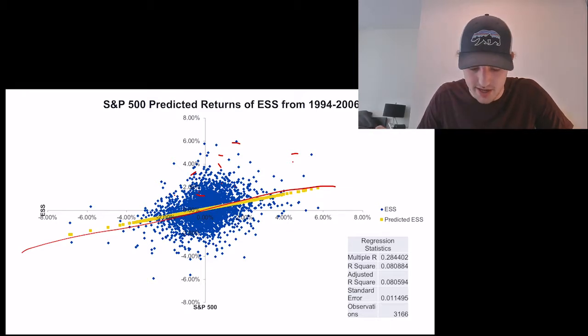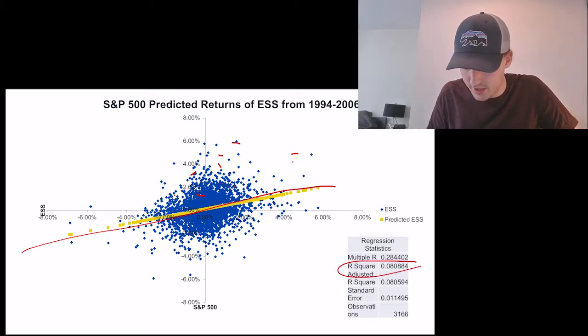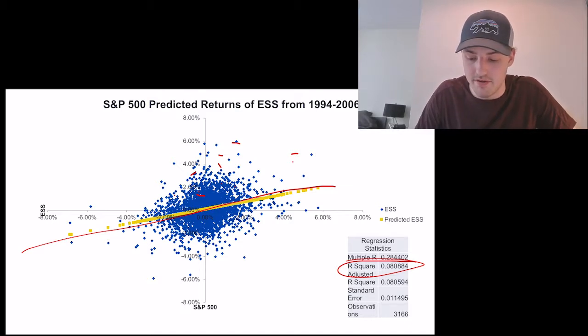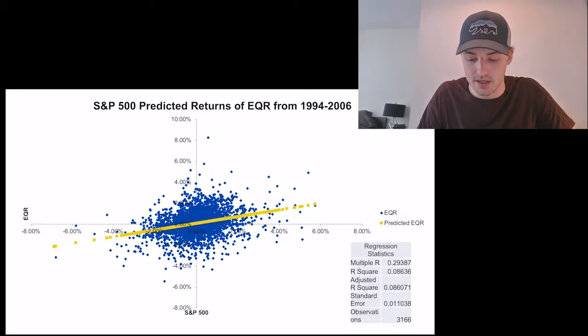And so as we can see, the residuals between the two is just fantastically great, and there's absolutely no relationship between the two, and this is also seen and demonstrated in this R-squared value, which shows that the statistical significance of these two asset classes being correlated by some coefficient is very little from the time period of 1994 to 2006.